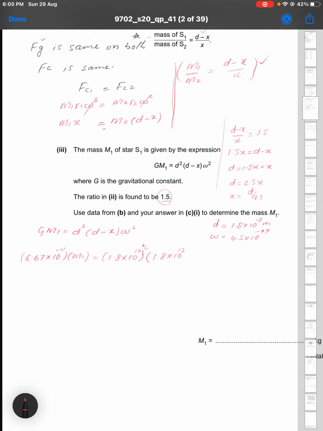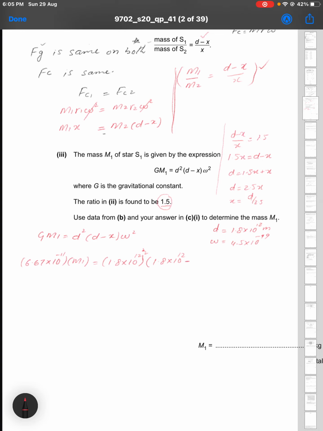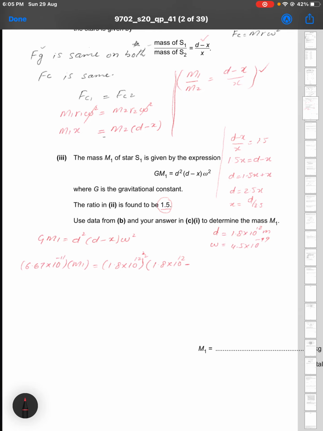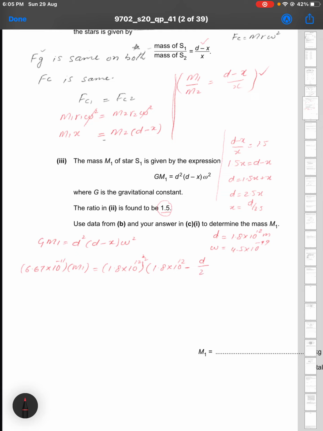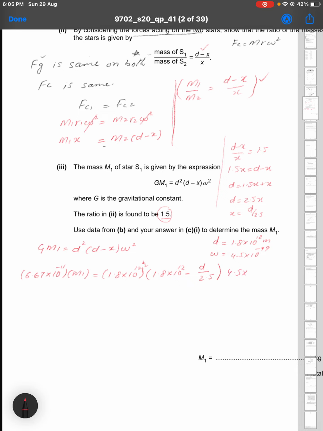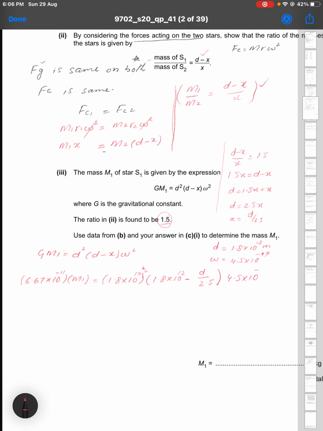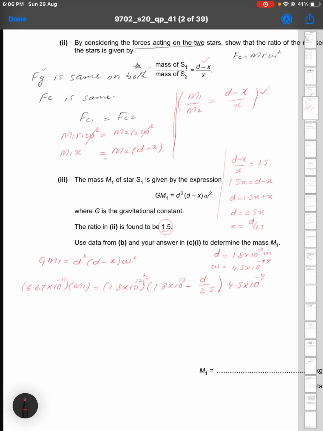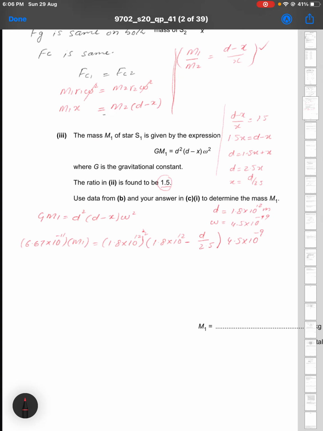Got it. So now I have the value of x, so I will write here d minus x, where x is equal to d over 2.5, bracket close, and omega we have 4.5 into 10 to the power minus 9.